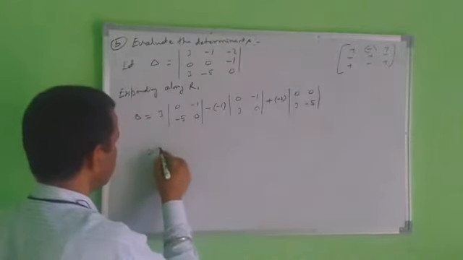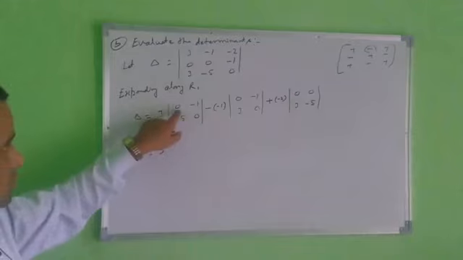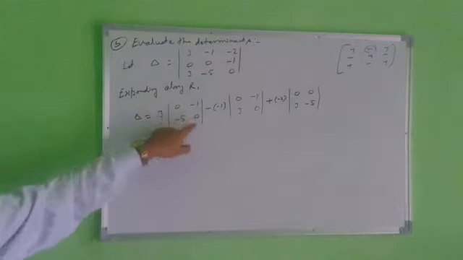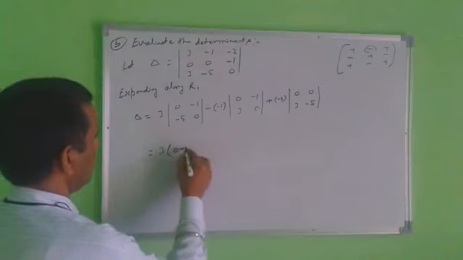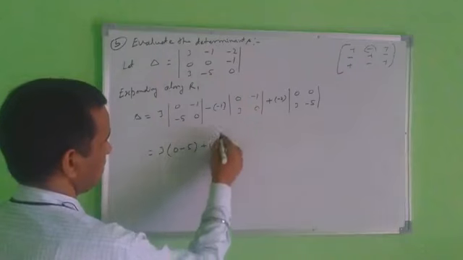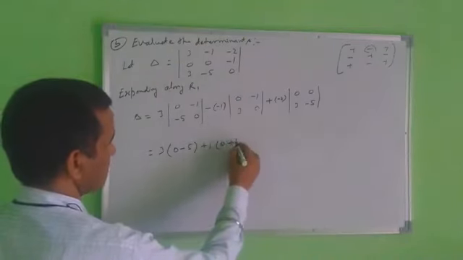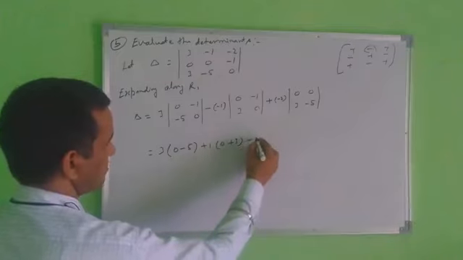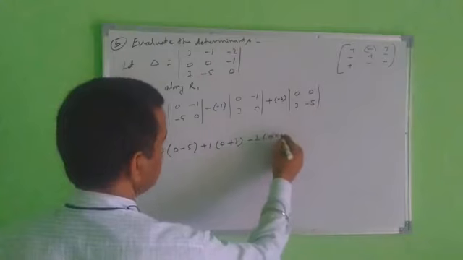After that you will expand this: 0 into 0 is 0 and minus minus plus 1, then 0 minus 5, minus minus plus 1. Then same here: 0 minus minus plus is 3, same plus minus is minus, and 0 minus 0.